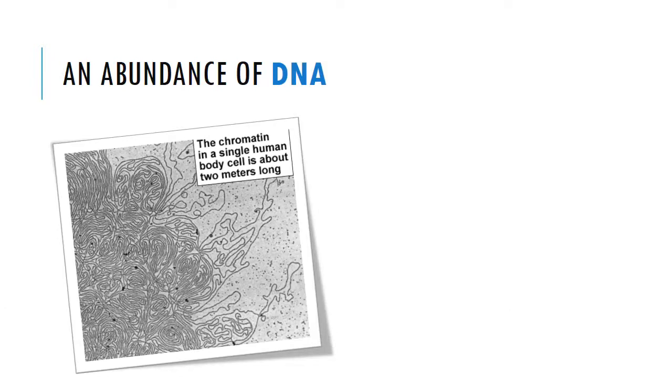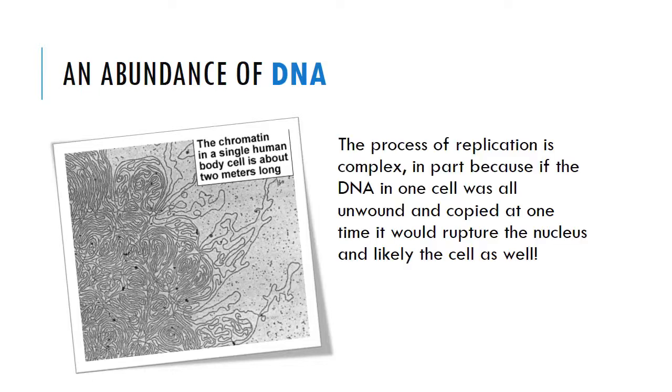We're also aware, because of our work on chromatin packing in the nucleus of the cell, that there's an awful lot of DNA in there, and we understand that replication cannot occur in a eukaryotic cell on all of the DNA at one time.